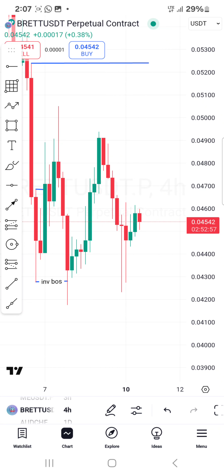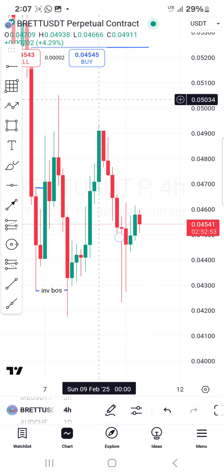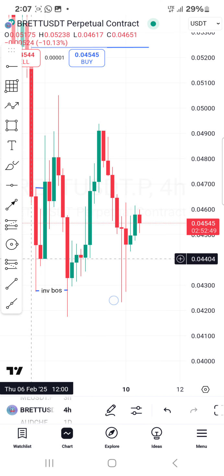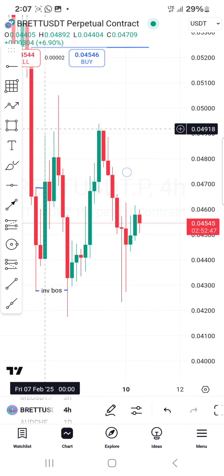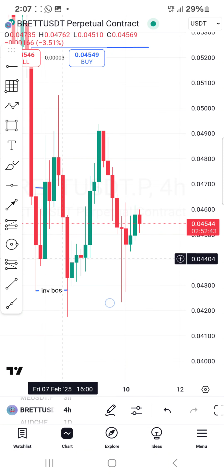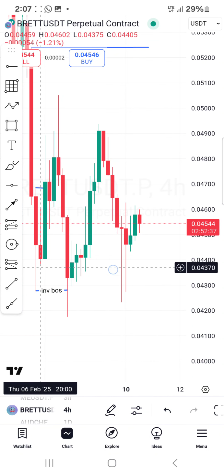Naturally, before it changes trend from this short uptrend to the downtrend, it has to change character again. So from here to here, let's look for the change of character. We have this.